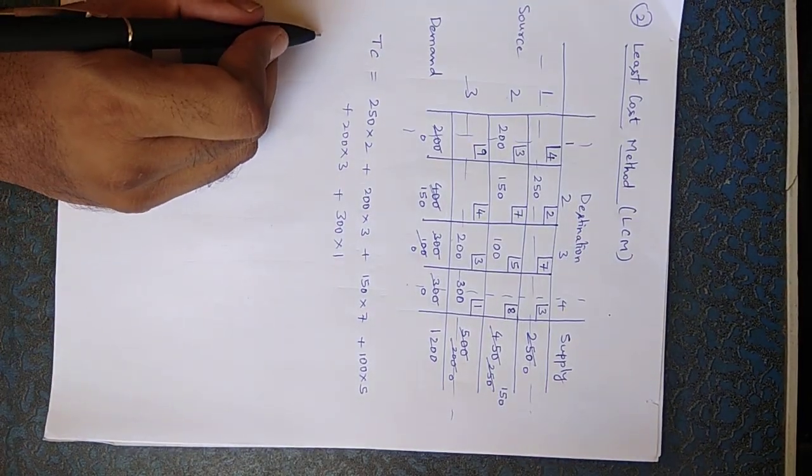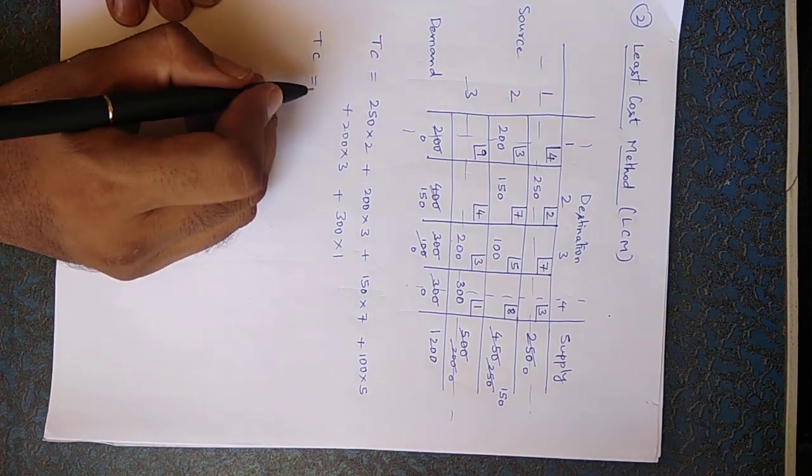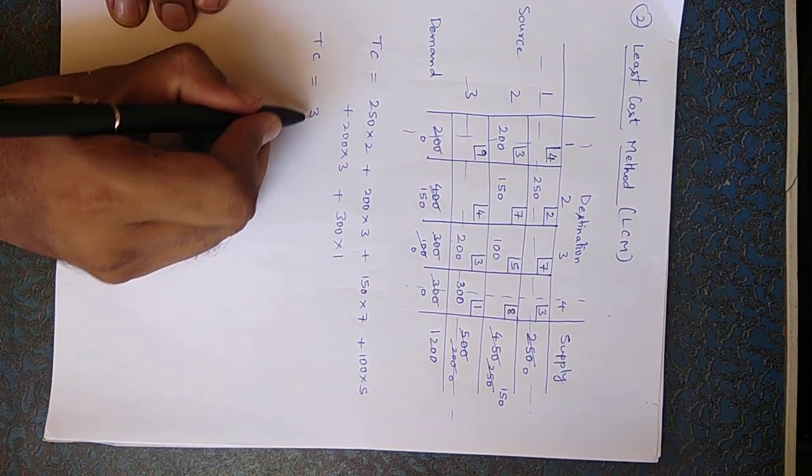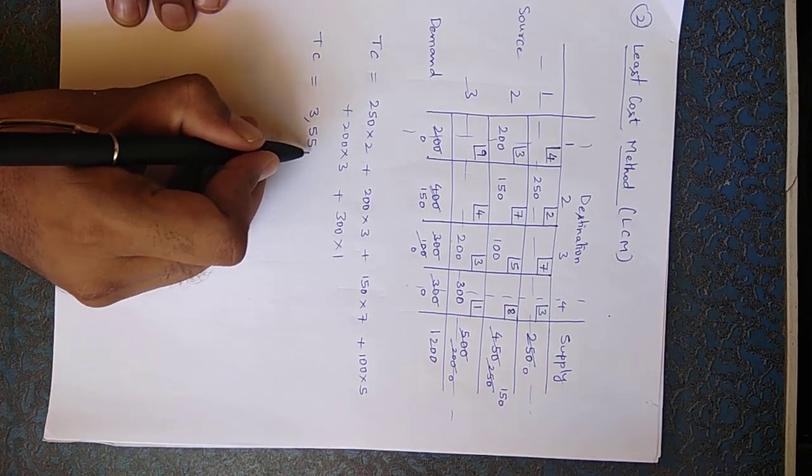So if you multiply all this and add, then you will get the total cost to about 3,550.